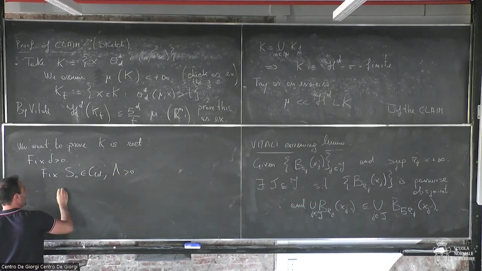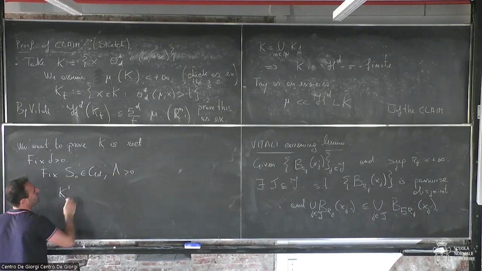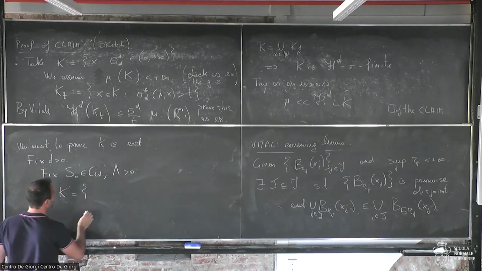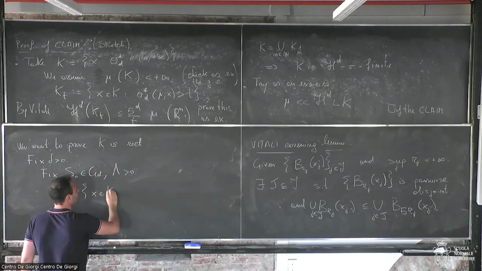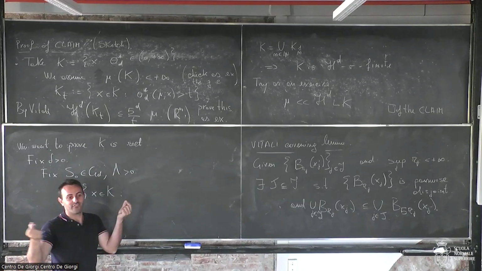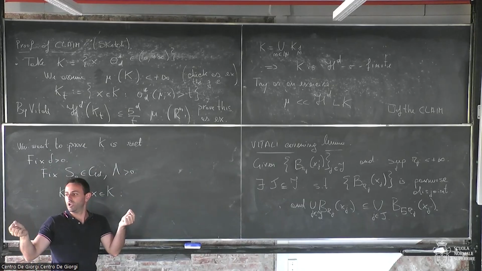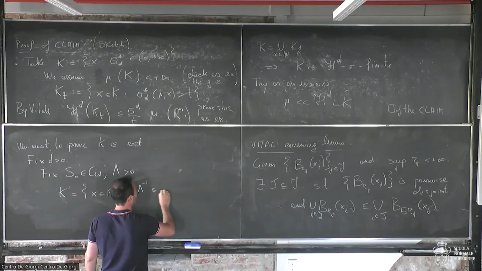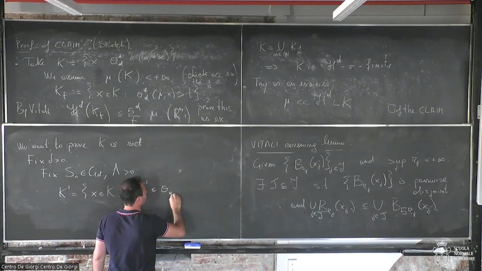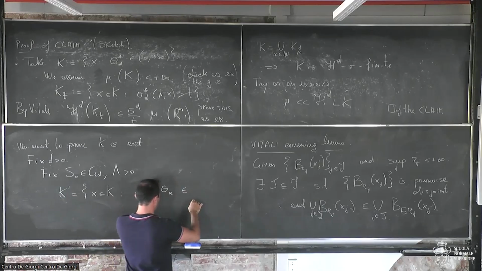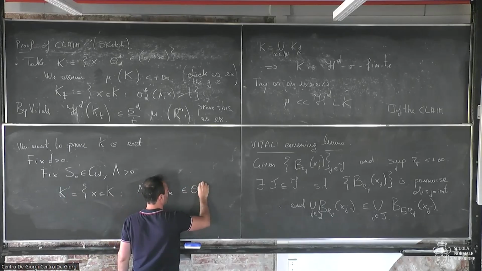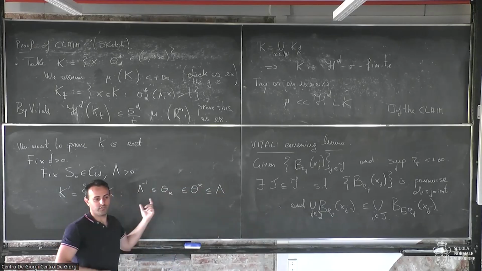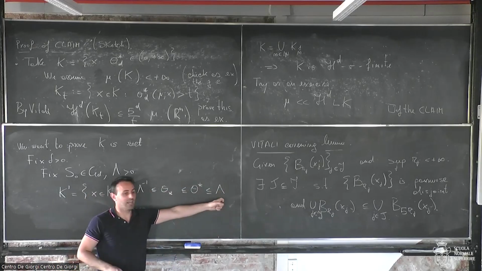I can consider the set K', which is a subset of K, a bit better behaved: the set of points X in K such that I put some lower and upper bounds on the lower and upper density, so instead of 0 and infinity, I have 1 over lambda and lambda.